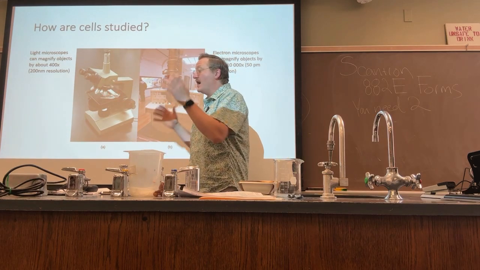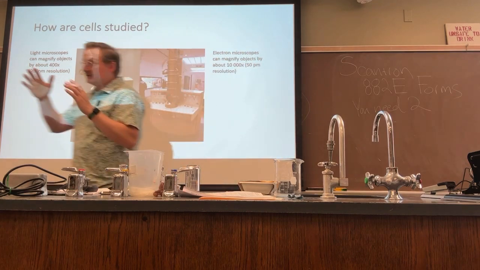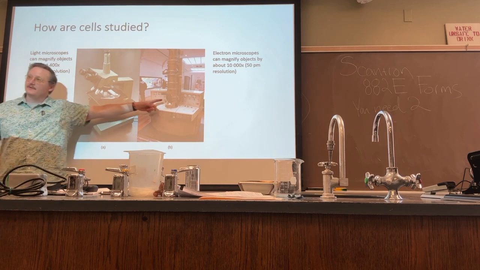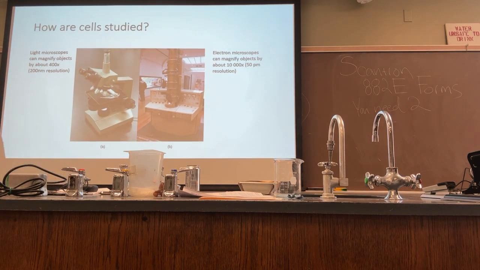So a computer is then needed to take the scattered electron patterns and convert that into an actual image that you can look at through the eyepieces here, or that you can collect and develop onto a photograph. So in electron microscopy, light never enters the chamber where the sample's being viewed.